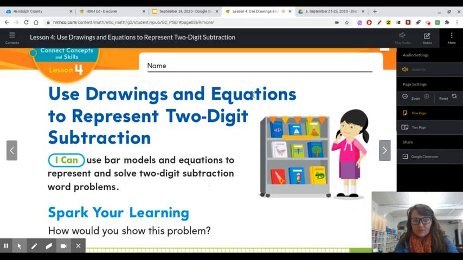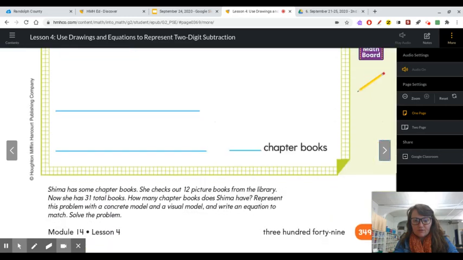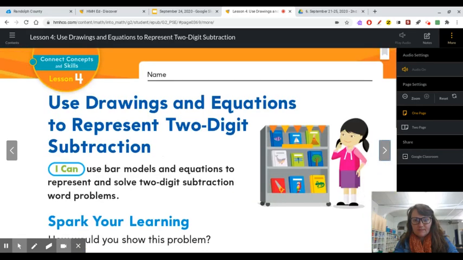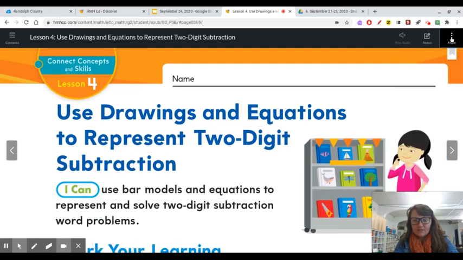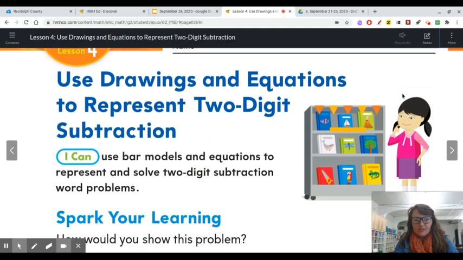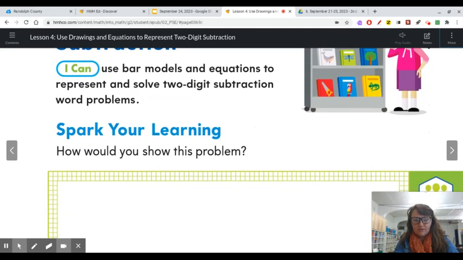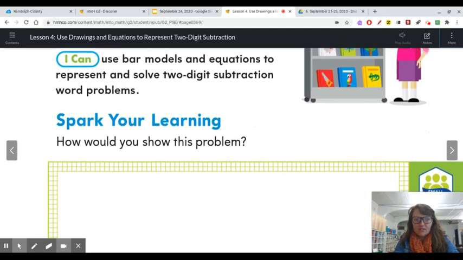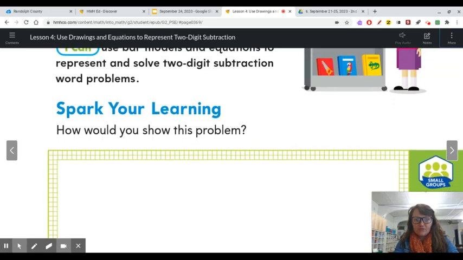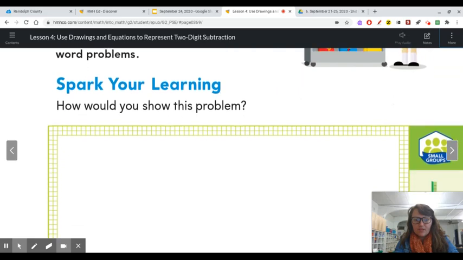Okay. So your page should look like this because we're on lesson 4. So we're on page 349. Okay, so I'm going to get rid of this. All right. So it says use drawings and equations to represent two-digit subtraction. So it says I can use bar models and equations to represent and solve two-digit subtraction word problems.